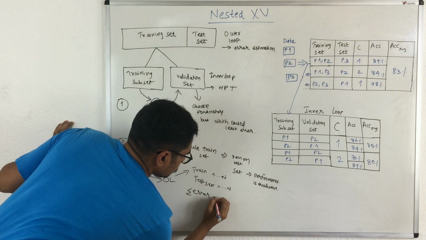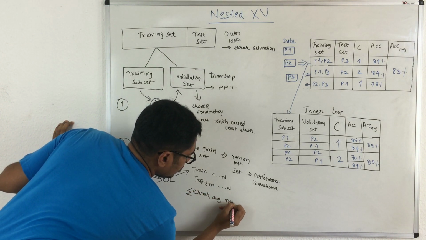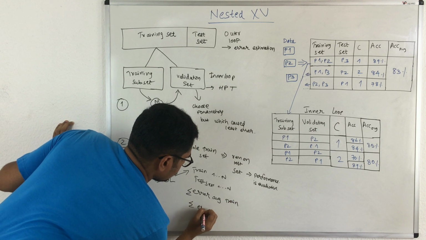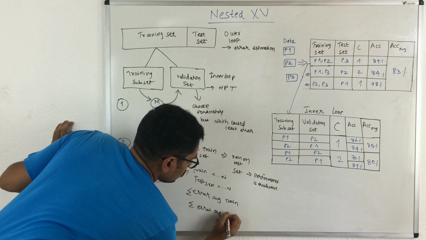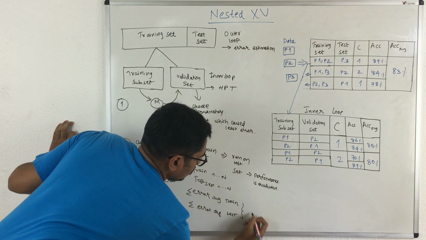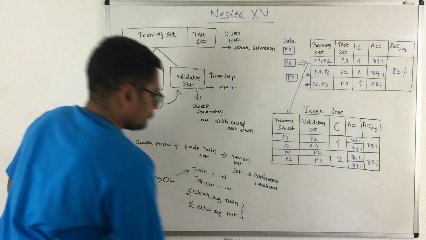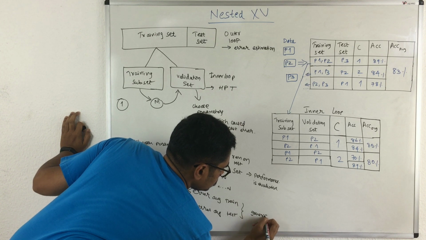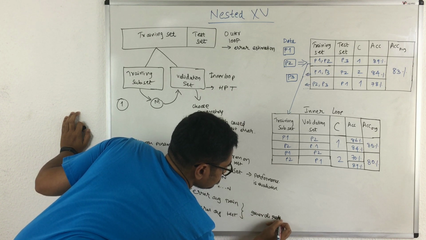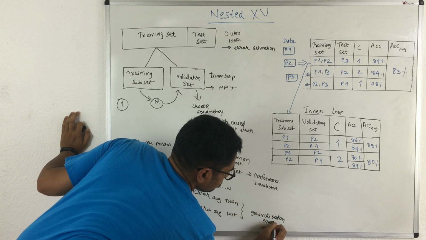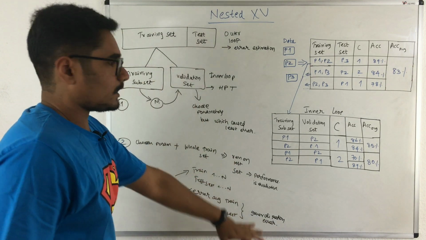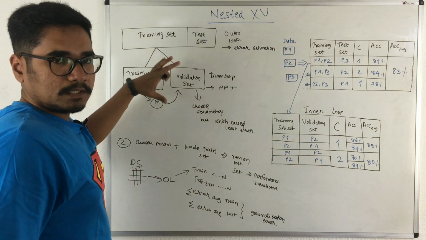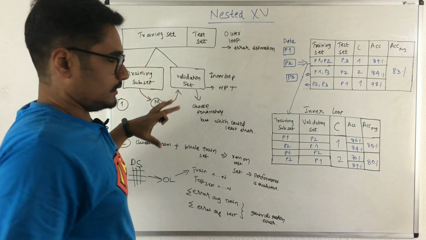The average error on the training data and the average error on the test data is recorded, and the error over each of the splits is given as the generalization error. So this is the structure and the basic idea of nested cross validation.